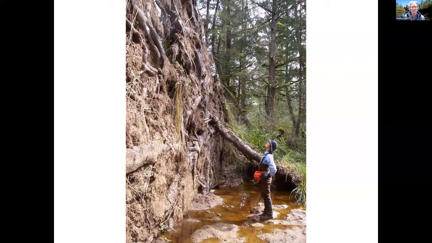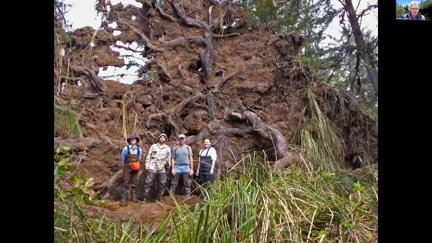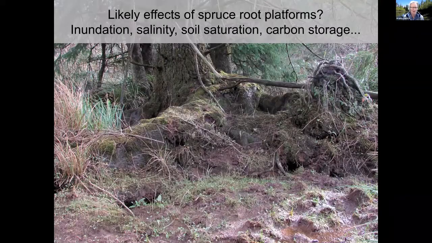And here's a group of us standing in front of that same root platform showing how big that is. It's pretty impressive. Big and flat, shallow rooting. And like beaver dams, these root platforms affect all the wetland parameters in the surrounding area, so they create quite a bit of diversity in topography.